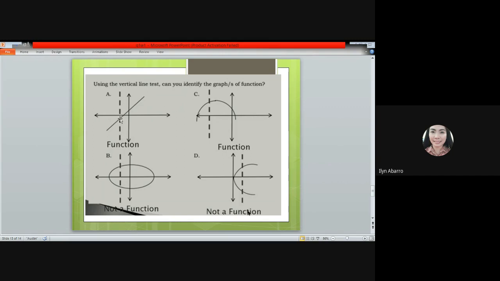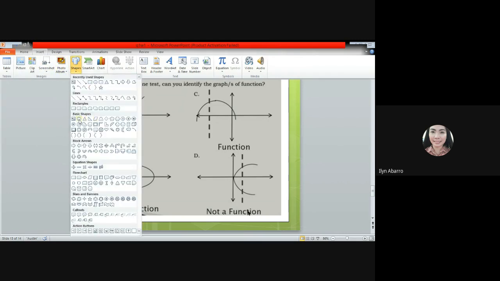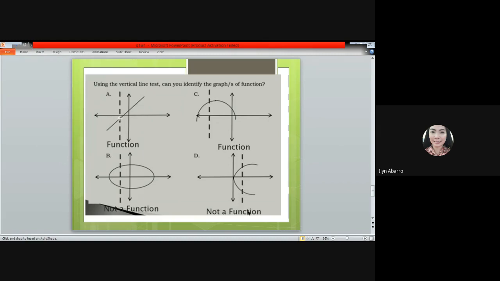As you can see, their point of intersection is only one. They only intersect here. The first one is a function because when you do the vertical line test, there is exactly one point of intersection.